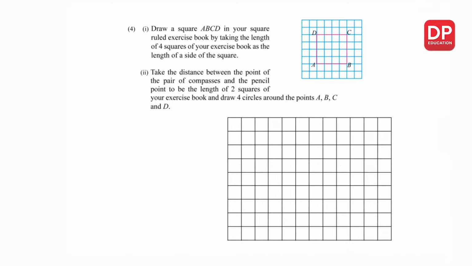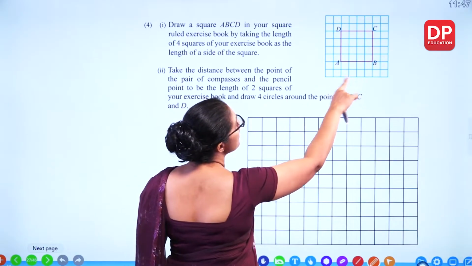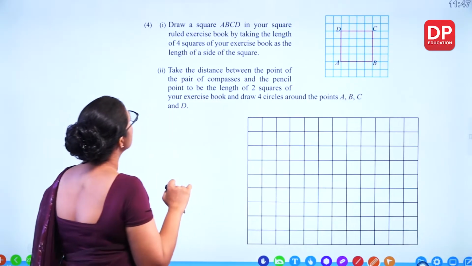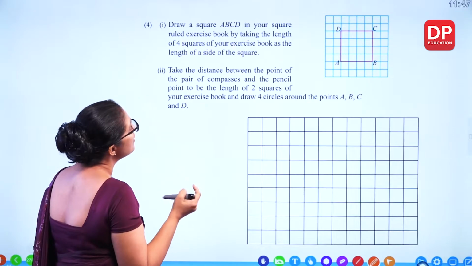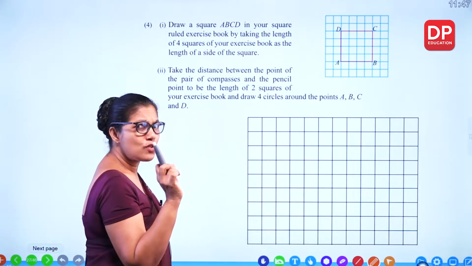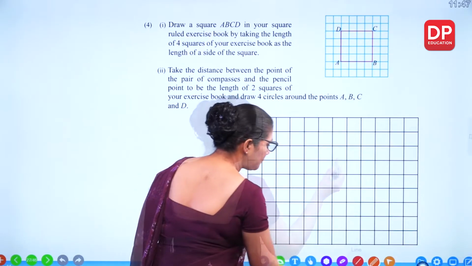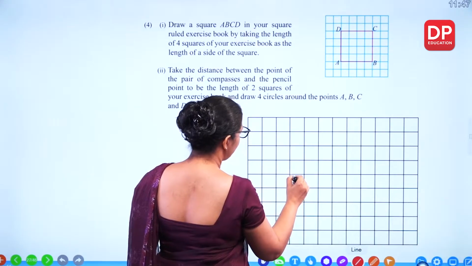Draw a square ABCD in your square ruled exercise book by taking the length of 4 squares as one side, here, 4 centimeters. So we'll take 4 centimeters. We have to take 1 square as 1 centimeter. So I'll take 4 and 4.